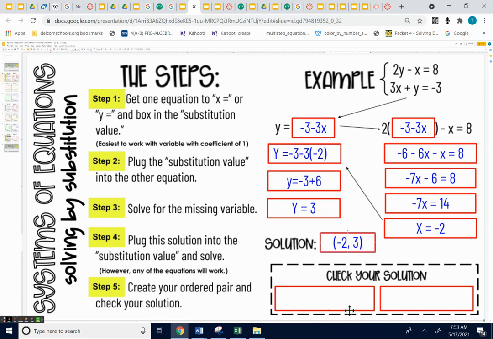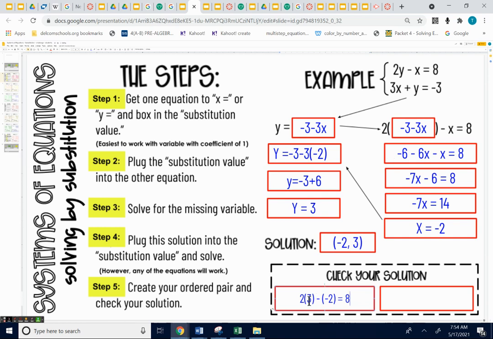If I wanted to check my answer, I could take that x coordinate and y coordinate, put them back into both equations, and make sure we get true statements. Usually I would say do this in your head, but if x is negative 2 and y is 3, for the top equation, I put y in after the 2 and x after the minus sign, and it equals 8.